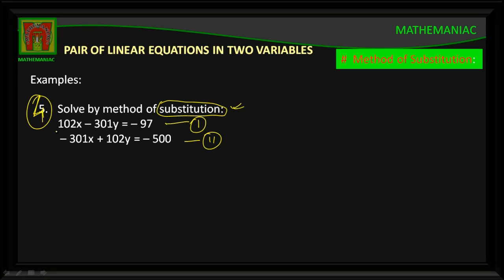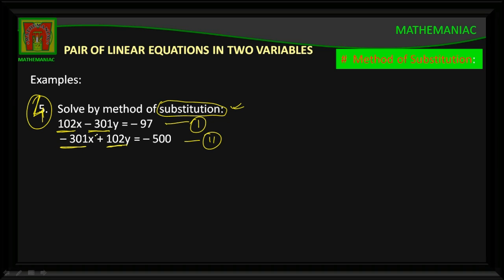The observation is that whatever is the coefficient of x in the first equation becomes the coefficient of y in the second, and whatever is the coefficient of y in the first becomes the coefficient of x in the second.